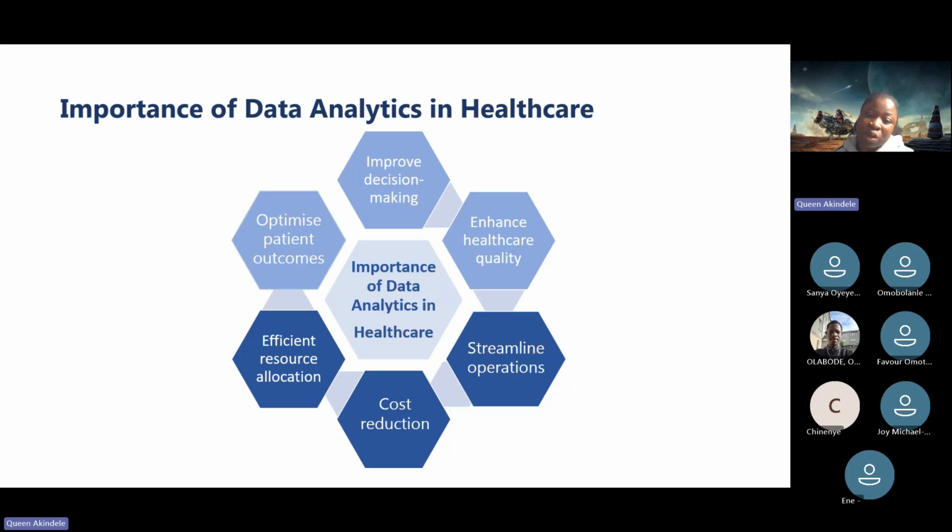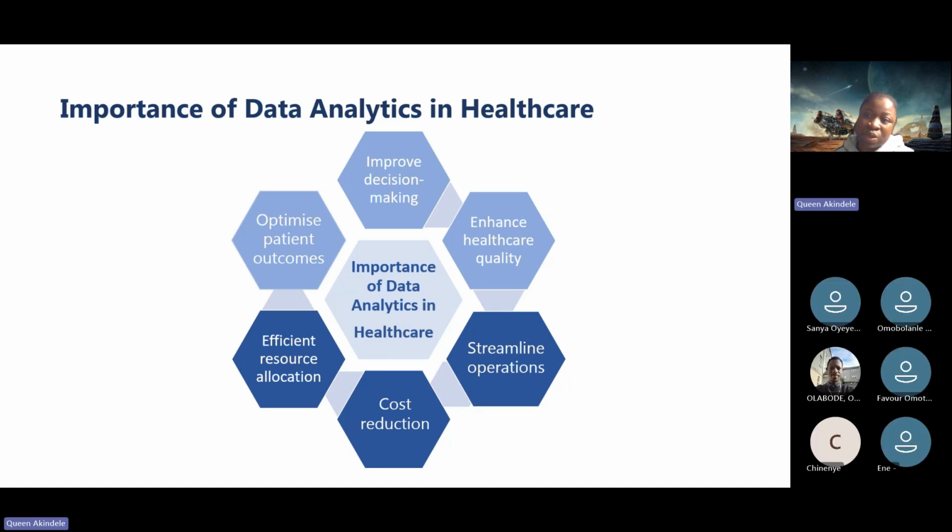Maybe they're running at a loss, or they're making profit, or be able to tell what aspects of their operations consume more of their funds. You understand? So data analysis, when introduced to healthcare, helps you to spotlight your activities, and helps you to know areas where you can make improvements.